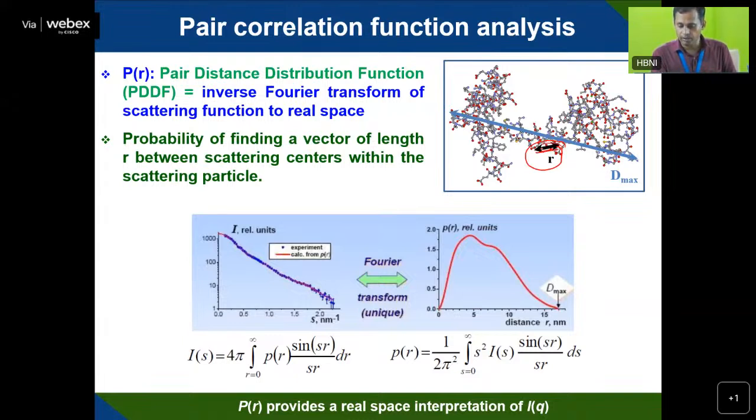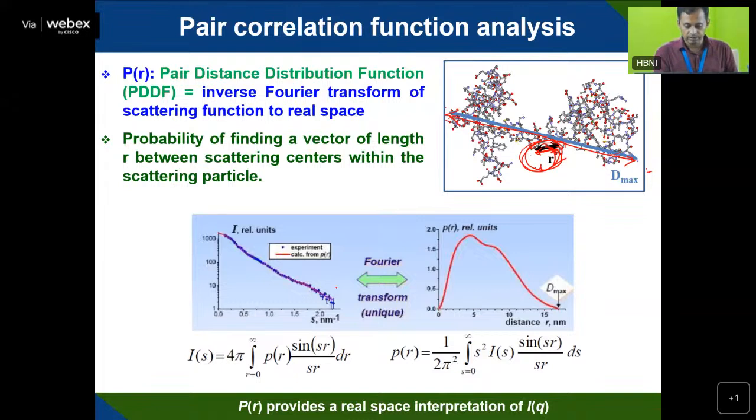So that length r, what is the probability of getting it in the whole scattering length? You can see the scattering center and D max. So the maximum scattering length is this much. It is a protein molecule I have shown here. So this is the probability of finding this r, that is this length, in the whole particle. That is nothing but P(r), which you can find out.